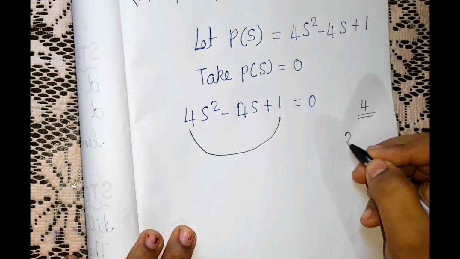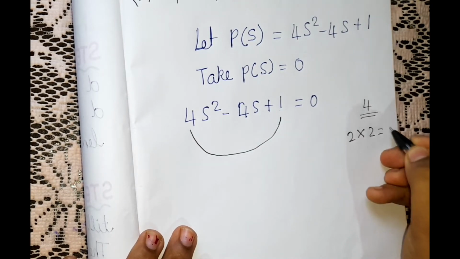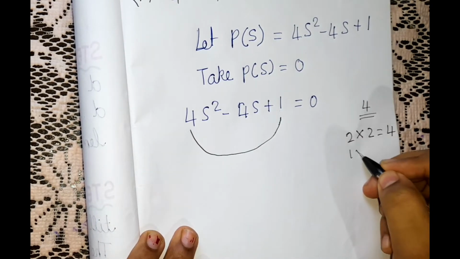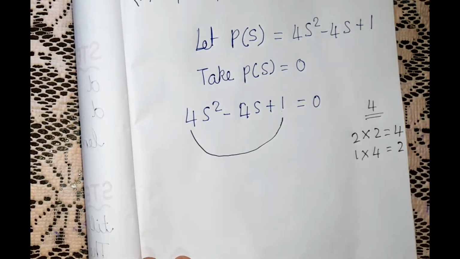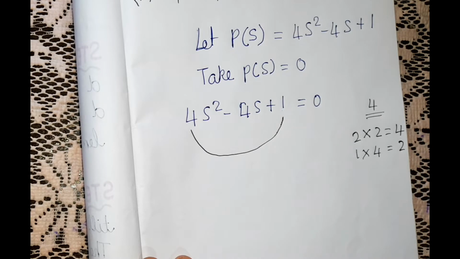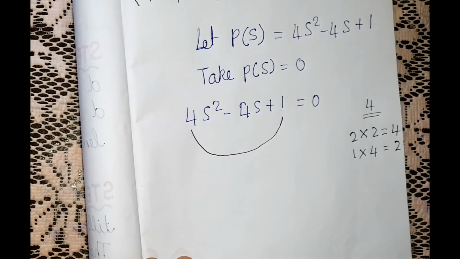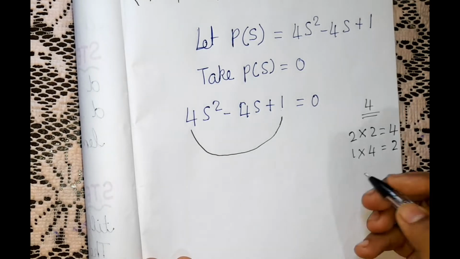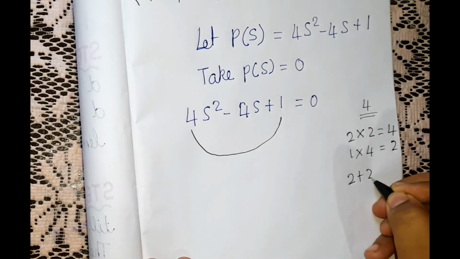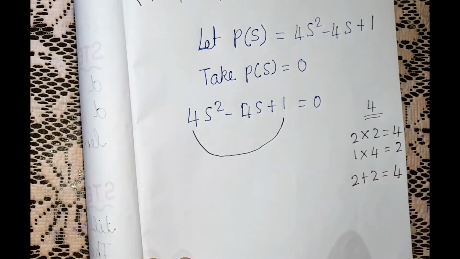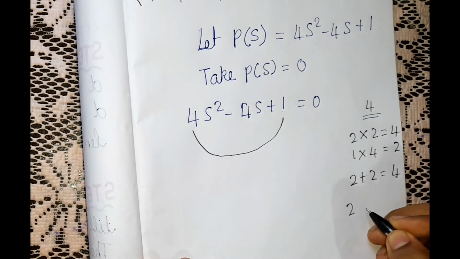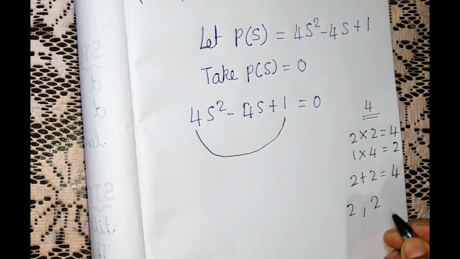As you know, 2 twos are 4 when we multiply, and 1 into 4 is also 4. But whatever values we take, when we add those values, we should get 4. 2 plus 2 is 4. Am I right? So here we shall take 2 and 2, because 2 plus 2 is 4.